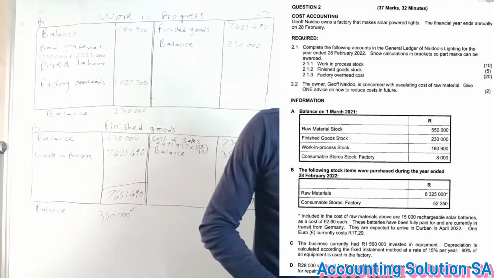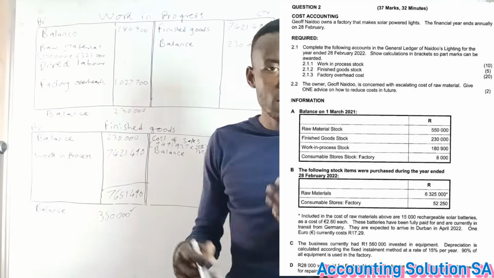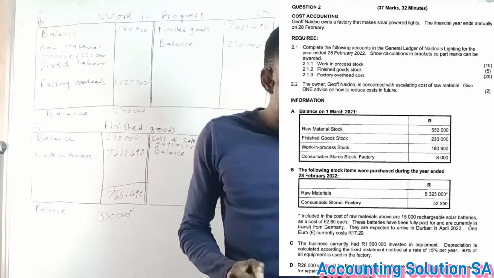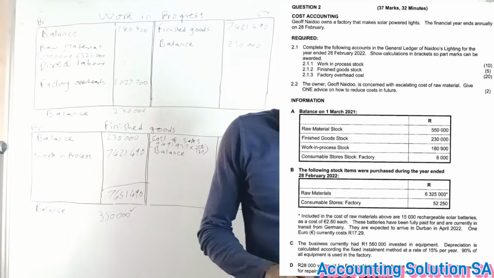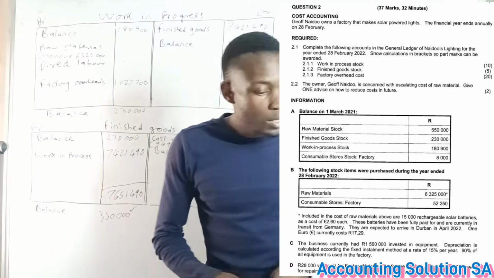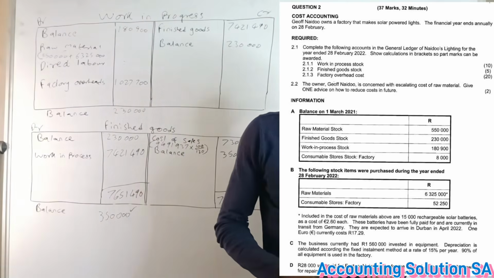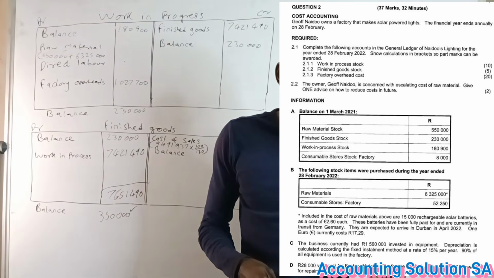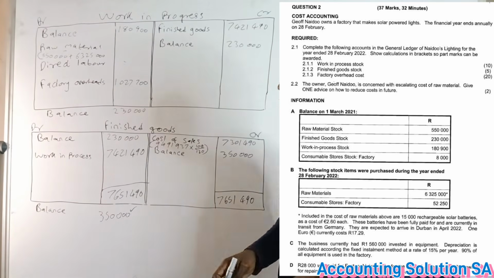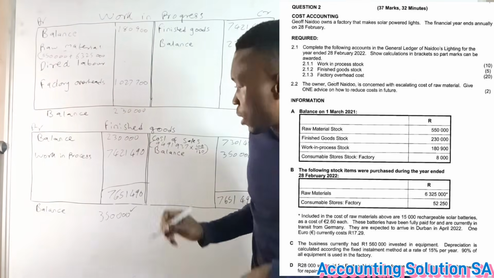Now we have to know how much we are going to subtract. They said 1 euro is equal to 17 rand 29 cents, which means that we have to convert that amount into rand. Let me just show those calculations here.